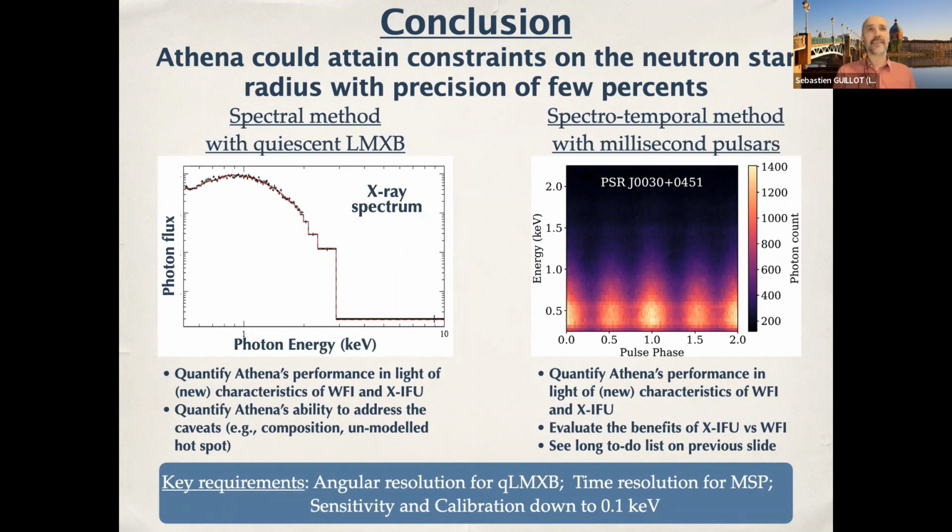But Athena has a great way to free us of some of the caveats for quiescent low mass X-ray binaries as well, just by searching for pulsation in them. If we don't find any pulsation, then it's likely that the temperature is quite uniform at the surface, so we are safe on this aspect.